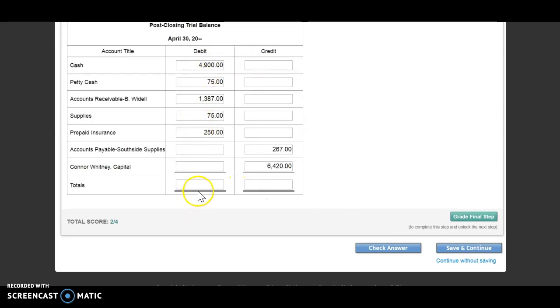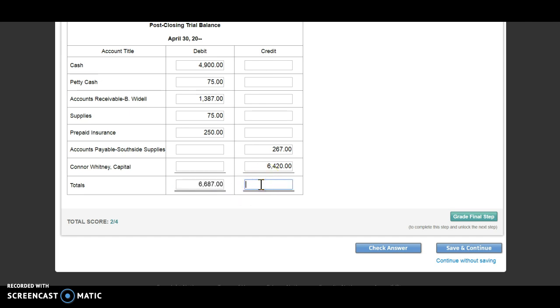Once I have put those balances in there, I'm then going to total up my debit and my credit column. So first I'm going to start with my debit. Make sure you have your calculator out. So my debit total, I should say, is $6,687.